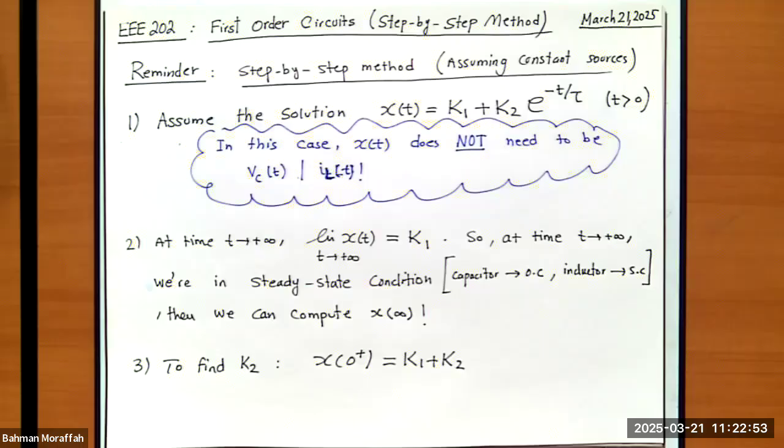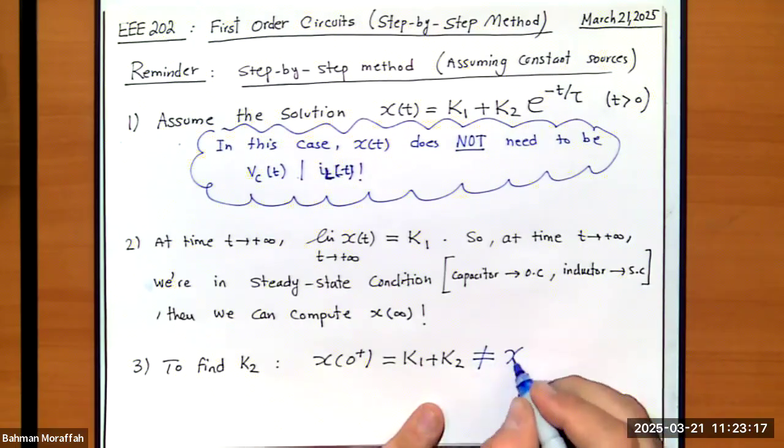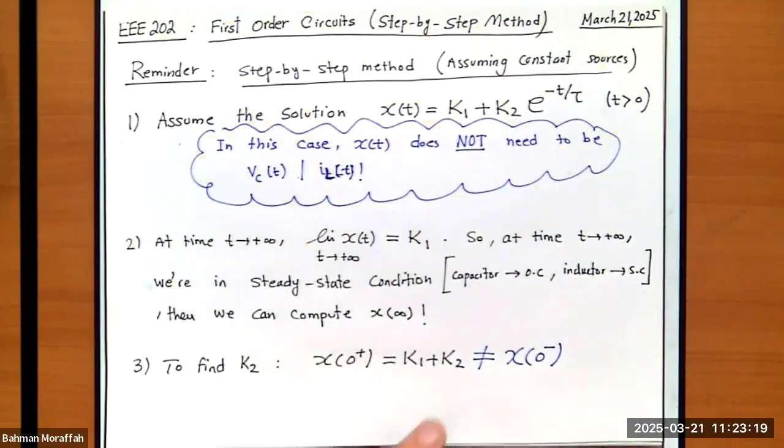Since x is not necessarily a continuous variable, I do not know if x at time 0 plus is the same as x at time 0 negative. Unless this x is voltage across the capacitor or current through inductor, this x is not continuous. So this does not equal x at time 0 negative.